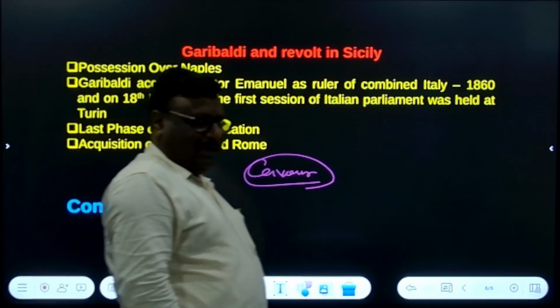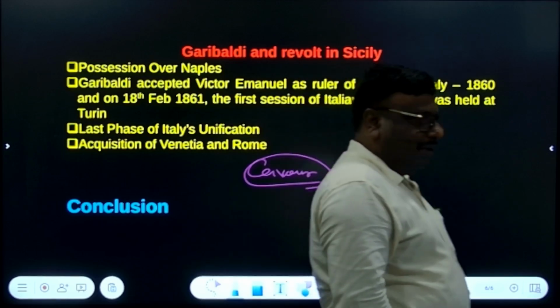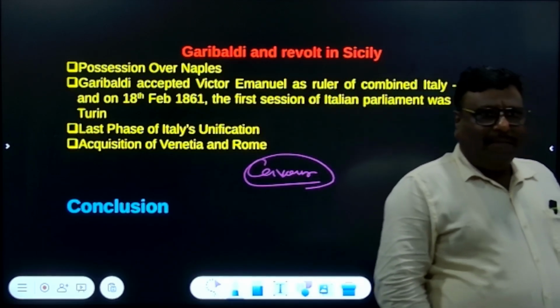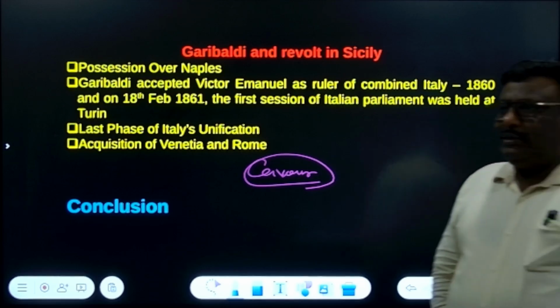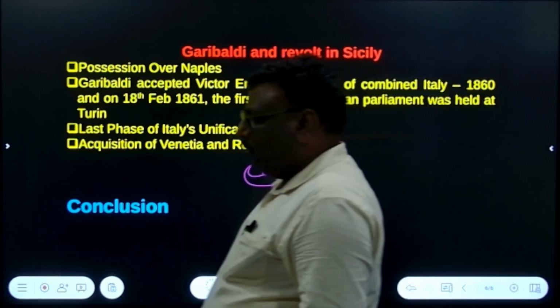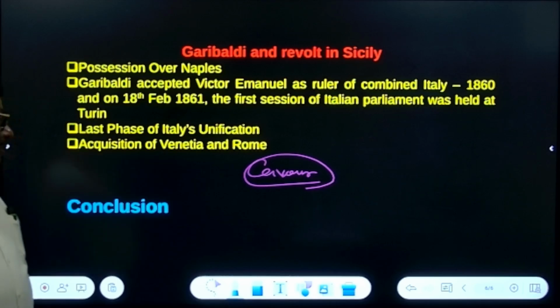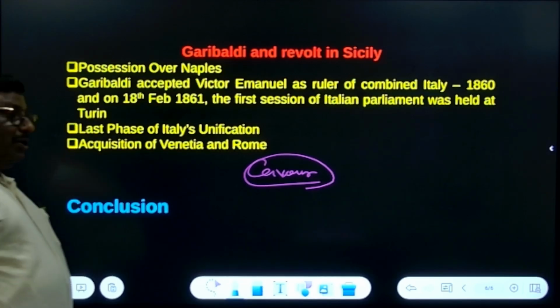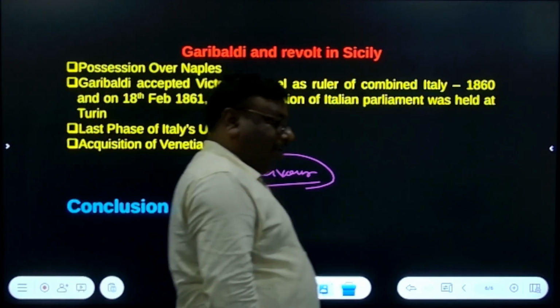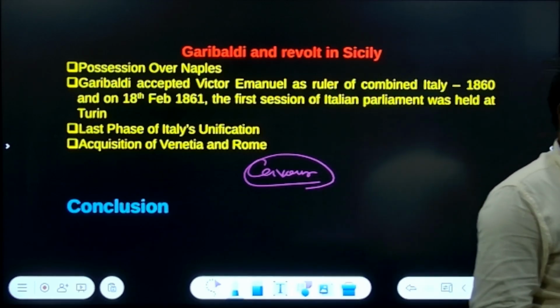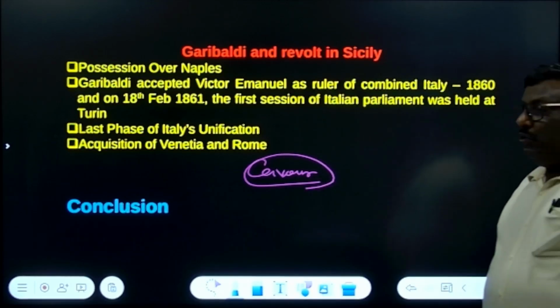Bismarck was not a democrat. Bismarck believed in power, and Bismarck opted for the policy of iron and blood. Through war, Bismarck decided to conquer German regions, while Cavour decided to unify Italian states through referendum and in a democratic way.